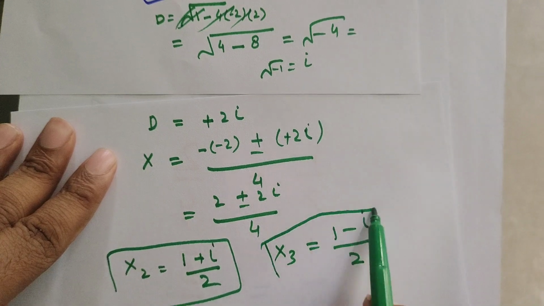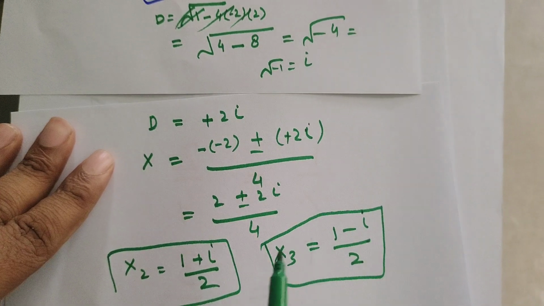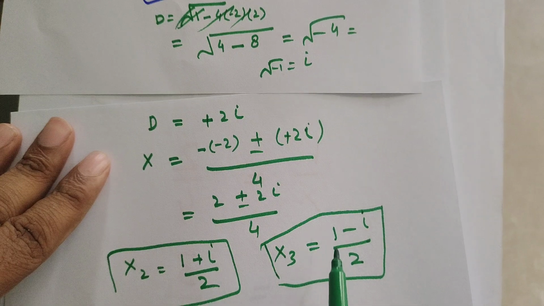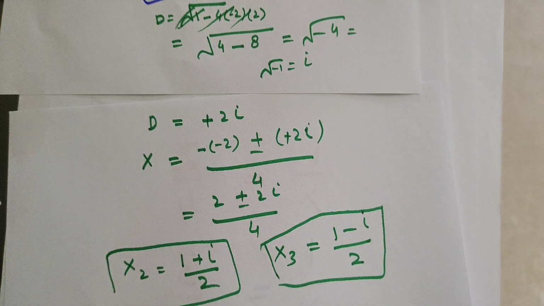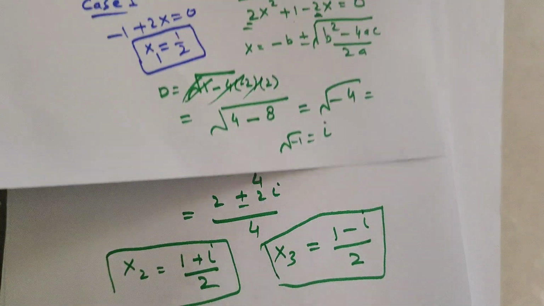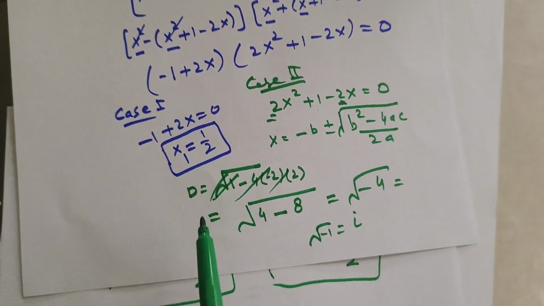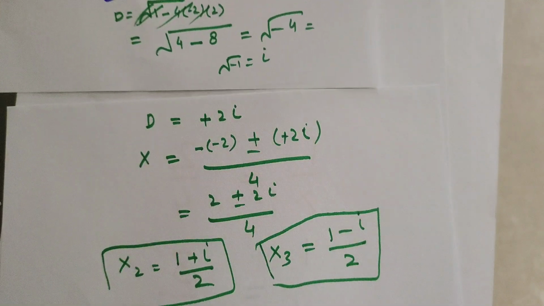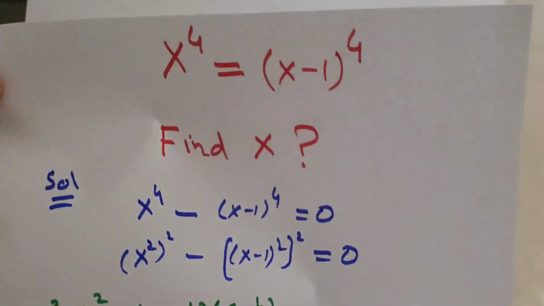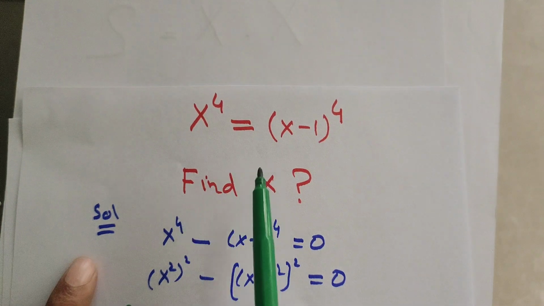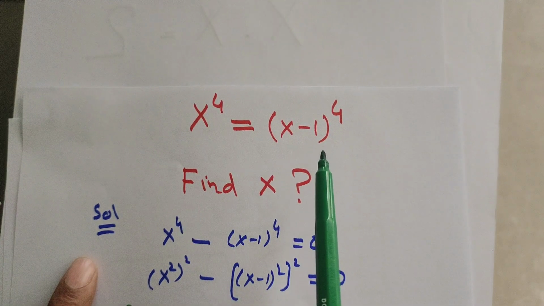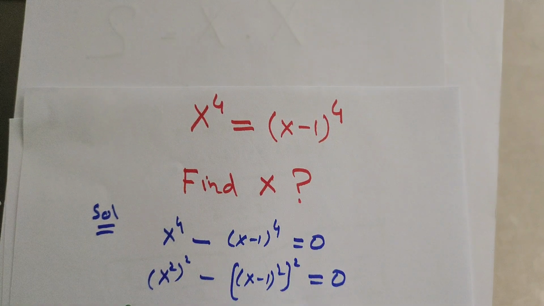We have three roots here: 1 plus iota over 2, 1 minus iota over 2, and initially we also calculated one value of x, that is 1 over 2. So we have three roots for the given equation x^4 is equal to (x minus 1) raised to power 4. Thank you very much for watching the video.